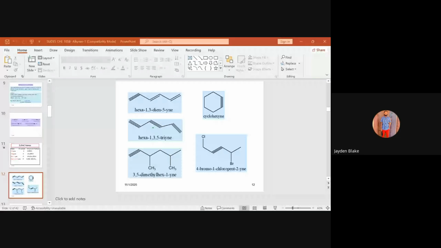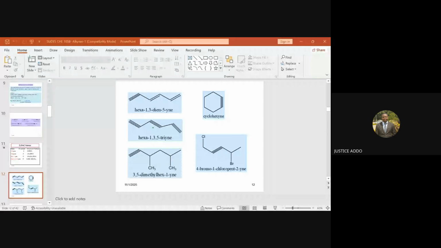Then the double bonds, what will be the position? The first one will be 3, right? And then the second one will be 5. Good. So now pay attention to this numbering: 1, 3, 5. 1 for the triple bond, 3 for the double bond. Then go to the right and also start numbering. The first double bond will be what? 1, isn't it?